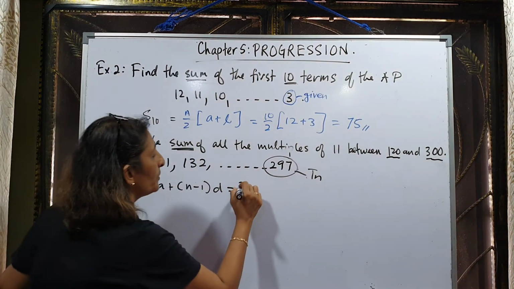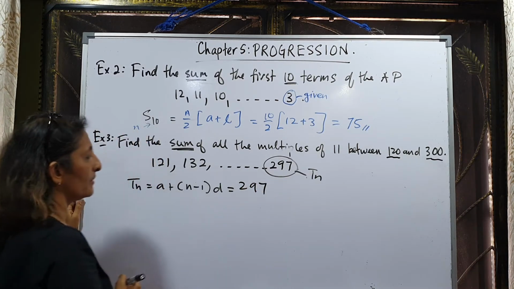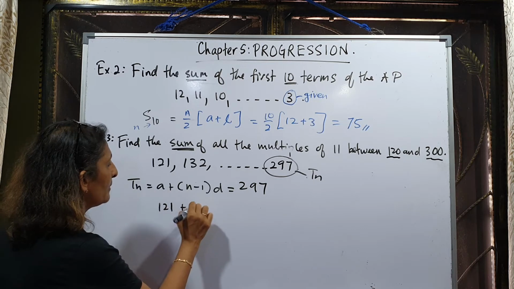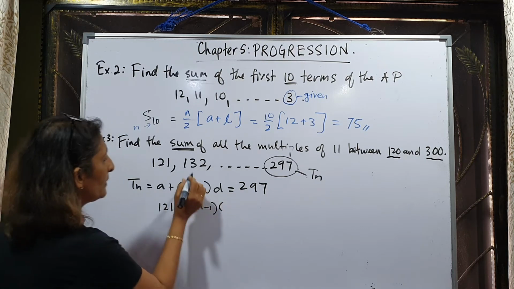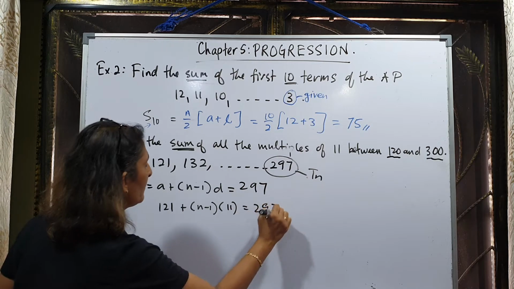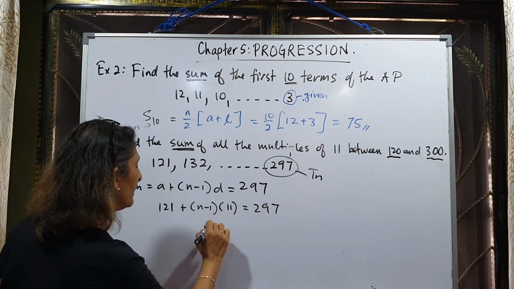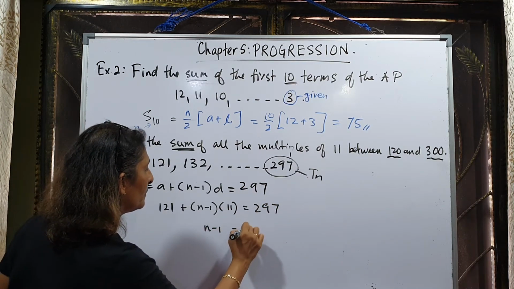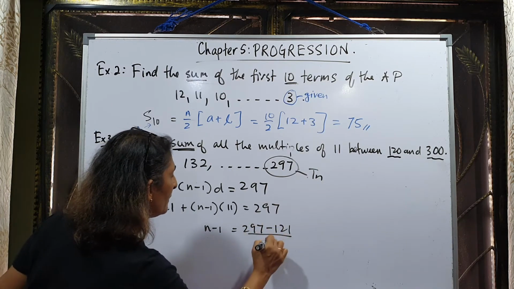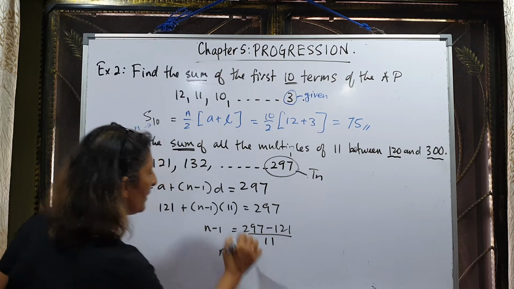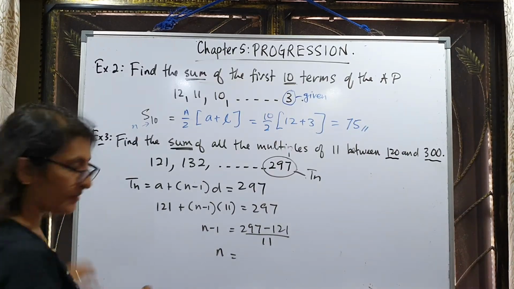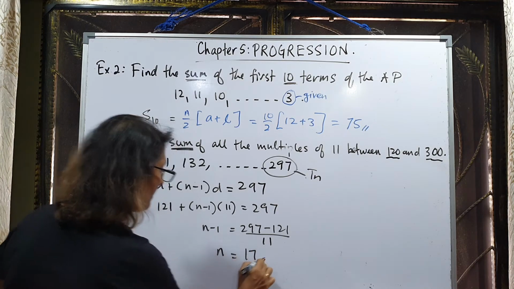So put it here. We know the answer. Now we sub in 121 plus (n minus 1). What is d? Just this 11. 297, and you calculate 297 minus 121 over 11, and you can find your n after this. n is 17.